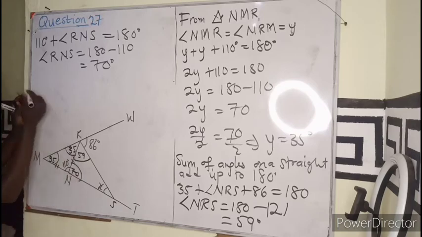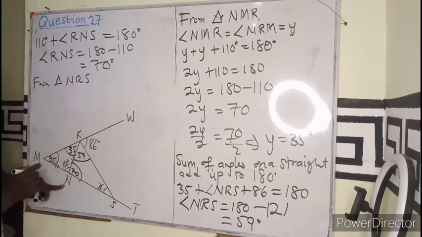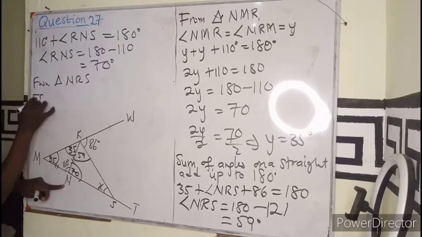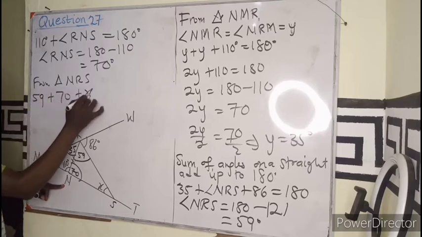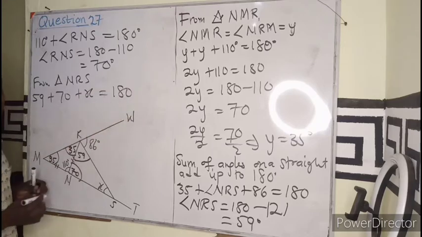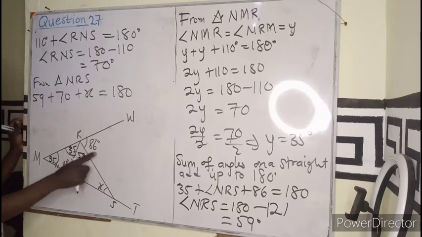You can see that from triangle NRS, we can add 59 plus 70 plus x equals 180. This is also a triangle, and the sum of angles in a triangle will give us that.